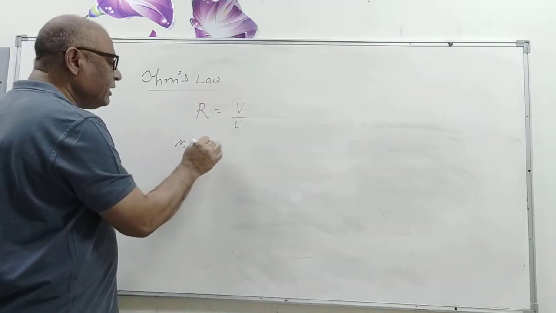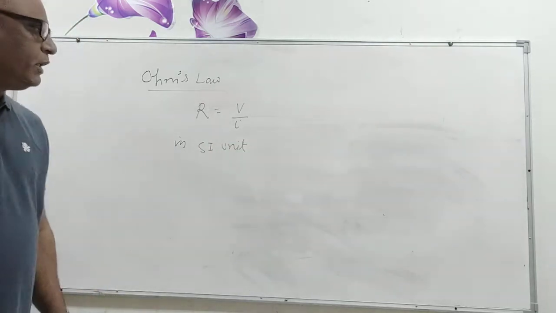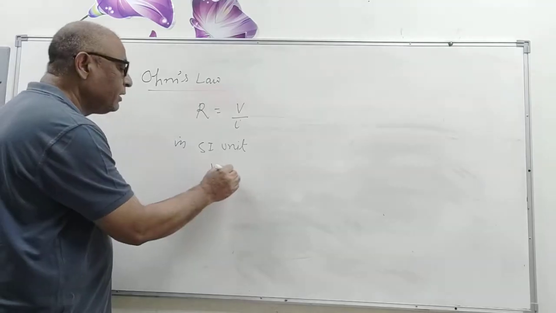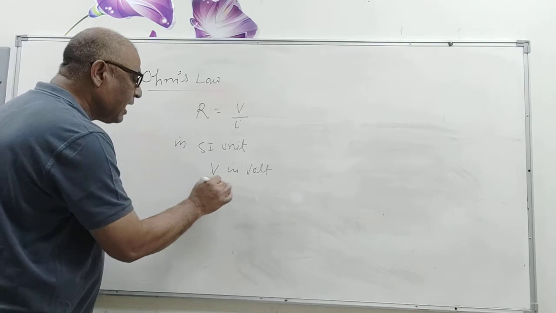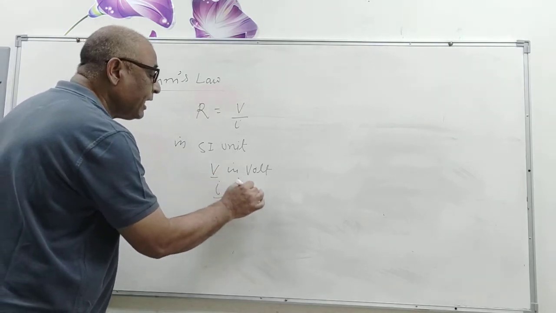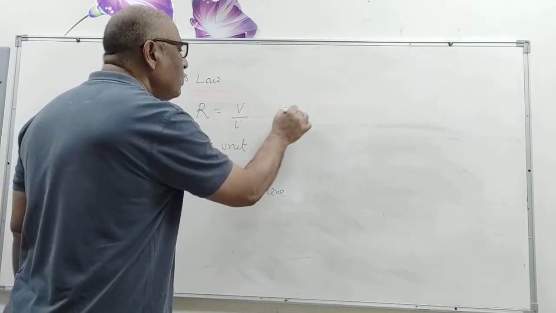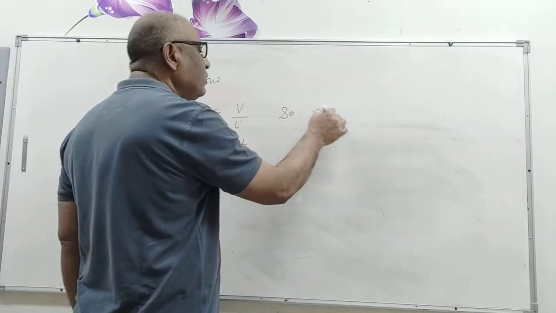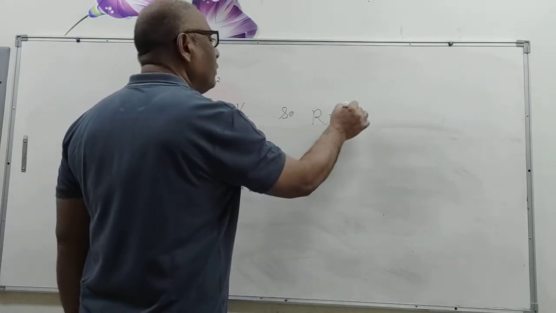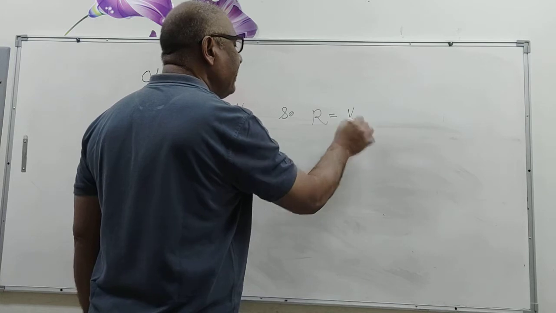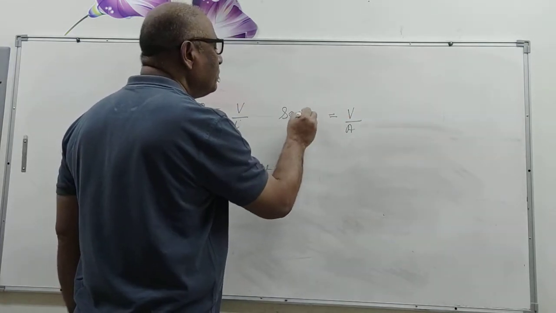In SI unit, in the International System of Units, V is in volt, I is in ampere. So R equals volt upon ampere, and this unit of R is called ohm.